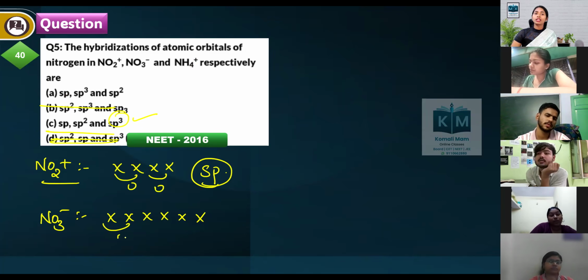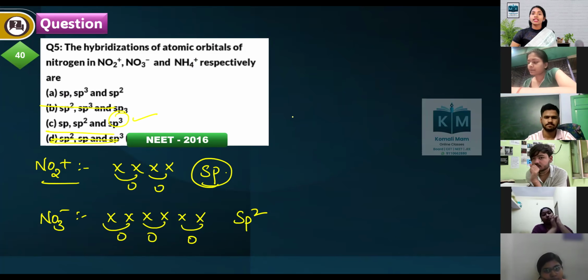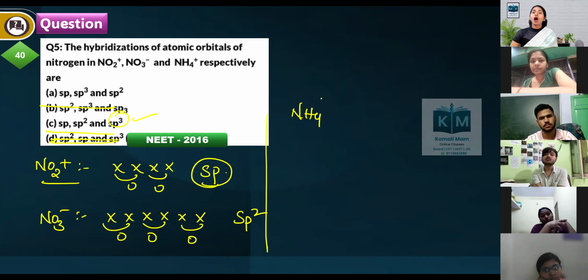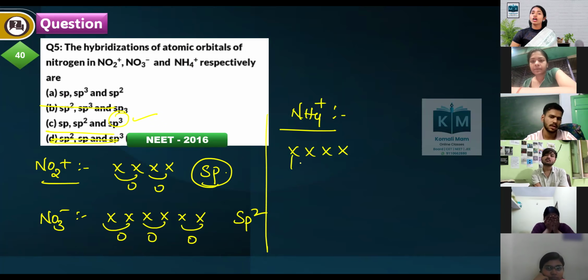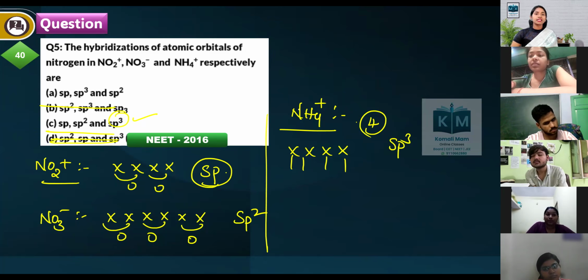It gained 1 electron. So the steric number is 3, sp2 hybridization. Next one is NH4 plus. How many electrons in the valence shell? 5. 1, 2, 3, 4. It lost 1 electron. Each hydrogen shares 1 electron. The steric number is 4, sp3 hybridization. Option C is the correct answer.